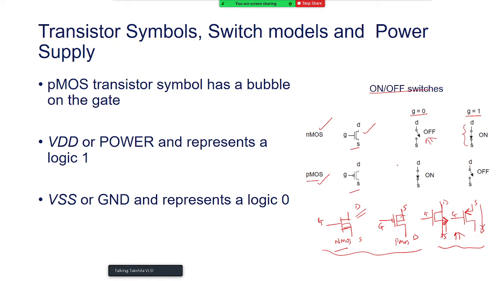For the PMOS, when the gate is at logic 0, we will say the transistor gets on, and this is how we will show it's a closed switch. When the gate is at logic 1, we say the PMOS is off, and this is how we will show the switch representation. And remember, VDD or the power is logic 1, and VSS or the ground is logic 0.